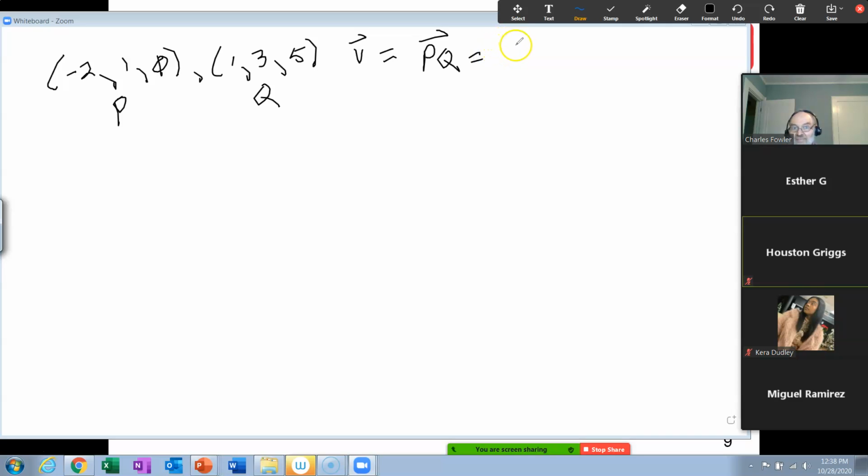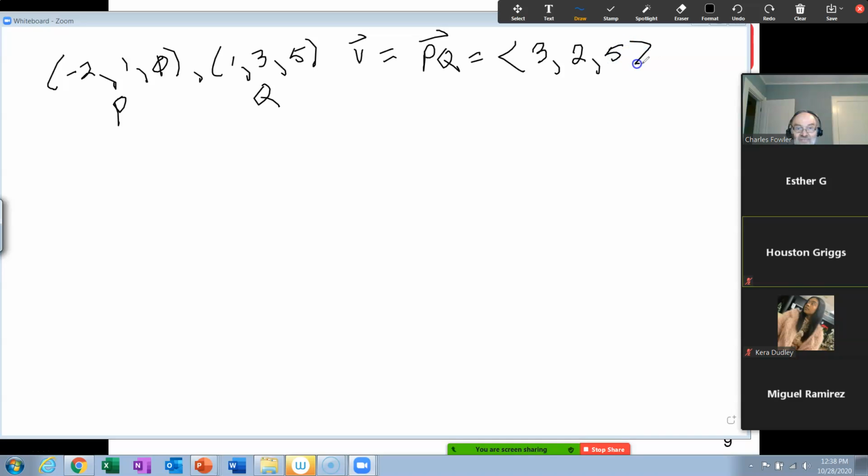So I'm going to write this in vector component notation. That would be 1 minus negative 2, that would be 3, comma, 3 minus 1, that would be 2, comma, 5 minus 0 would be 5.